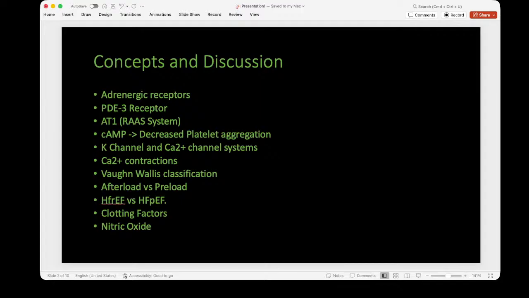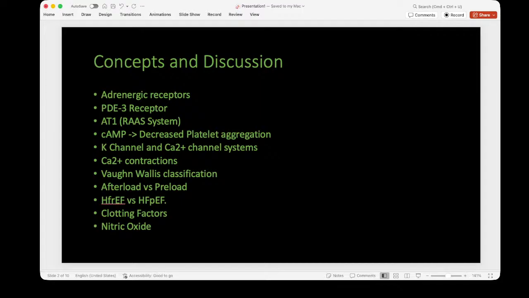If it's greater than 60%, it's a preserved ejection fraction. And typically, it's failure to eject versus stiffness of the heart muscles, which is reducing the relaxation of the heart. So, taking a look at those differences is important.